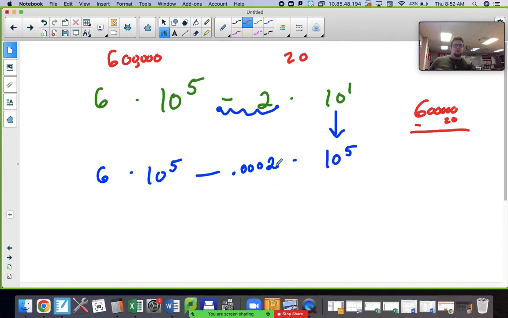That's why we have to make sure we change that decimal, because now it's 6.0000, so we need 4 numbers right there.